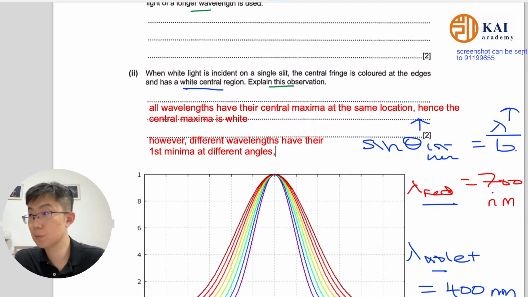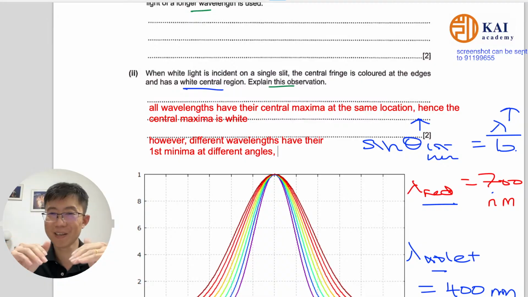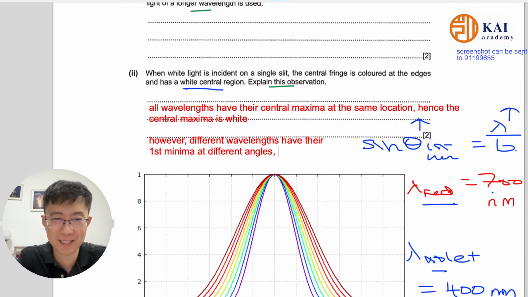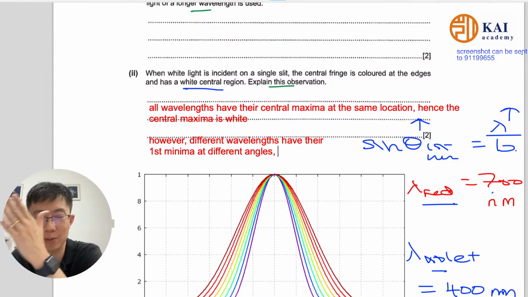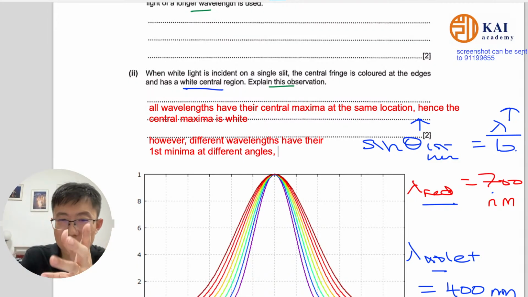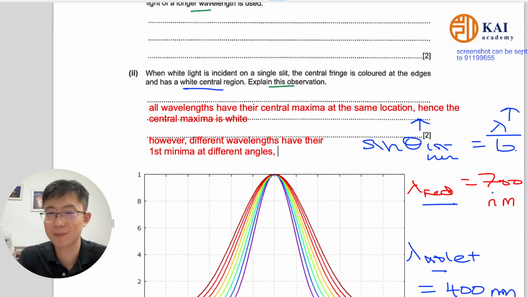If you want to show off a bit, it's not necessary, but it helps and gives your examiner a better impression. With red at a higher wavelength and violet at a smaller wavelength, you can add that in, but the question specifically doesn't require that. A good impression doesn't hurt.